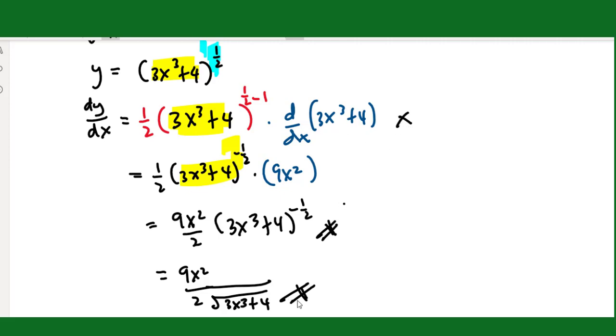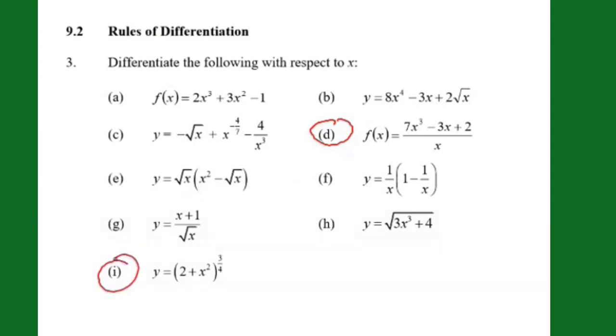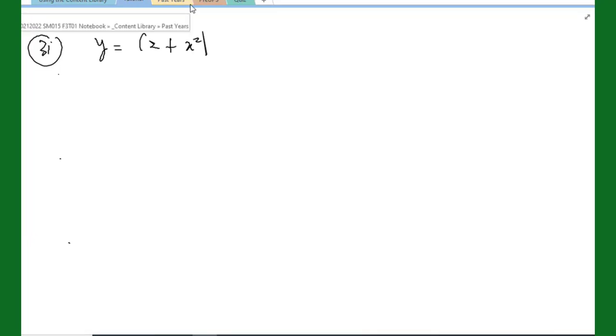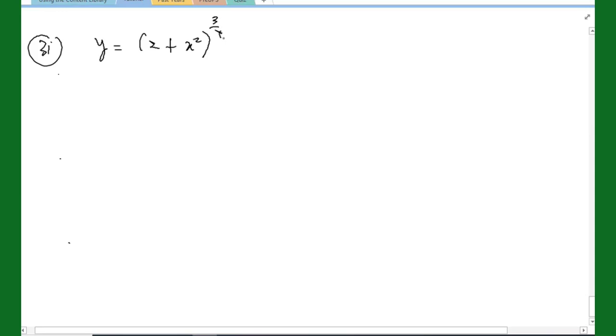Okay, 3I. Y is equal to, this one using, 2 plus x squared, all to the power 3 over 4.